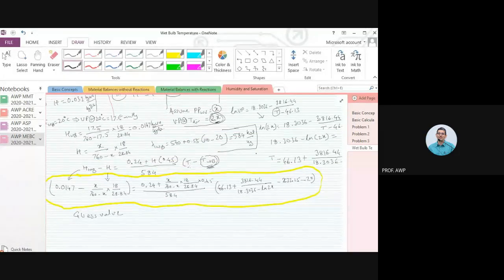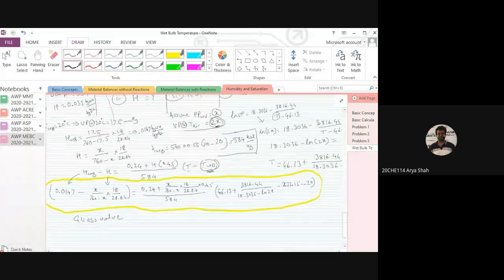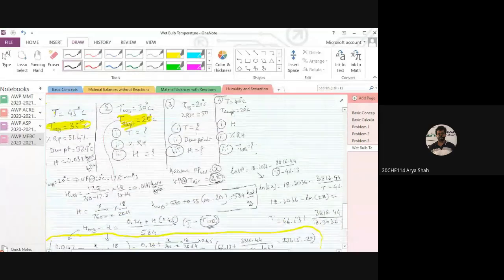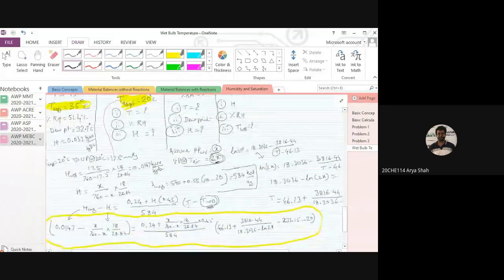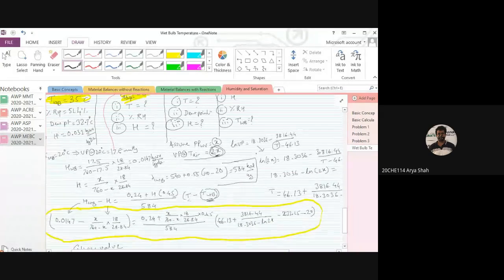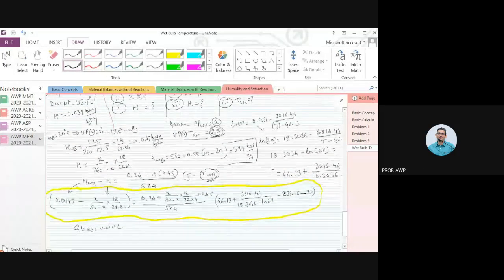Then you can say, so I got temperature as 51.85 degrees. Okay. Partial pressure at that temperature was 50.655, 50.66 mmHg. So your x was 50.66. Here x is the partial pressure of water vapor in the air. Yes, sir.